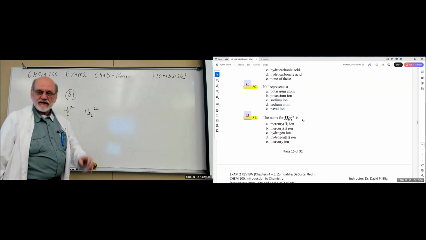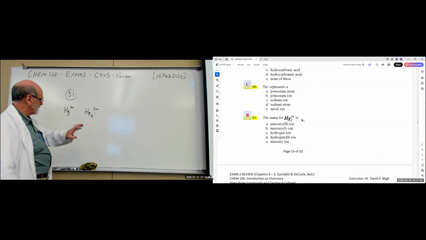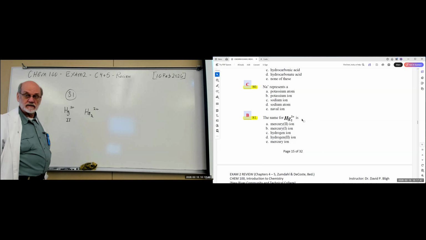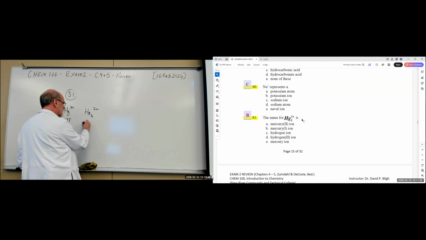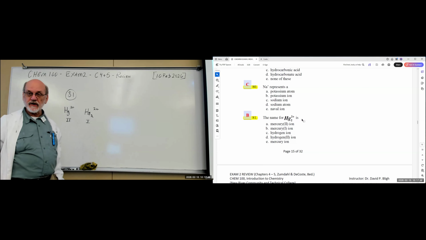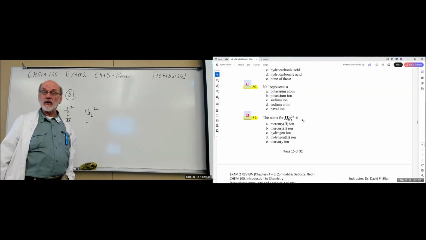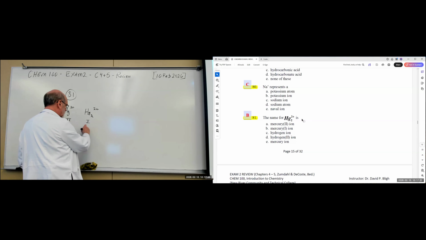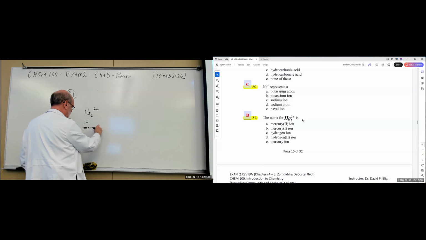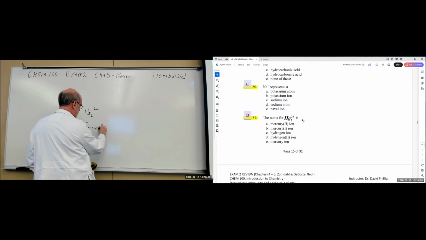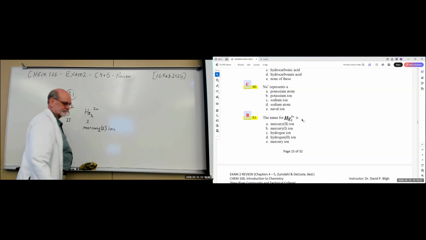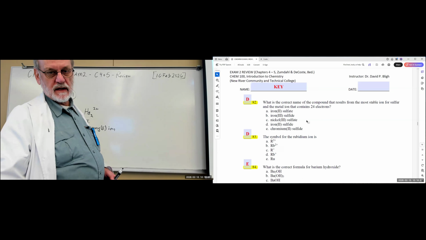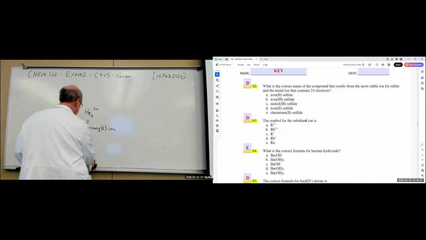So what does that mean about the individual atoms? What's the charge on this one? Well, the charge on that one is a 2. The charge on each one of these is a 1 because there are two of them. 2 times 1 is 2. So what we're looking at here is a mercury 1 ion. Okay. Next, 82.